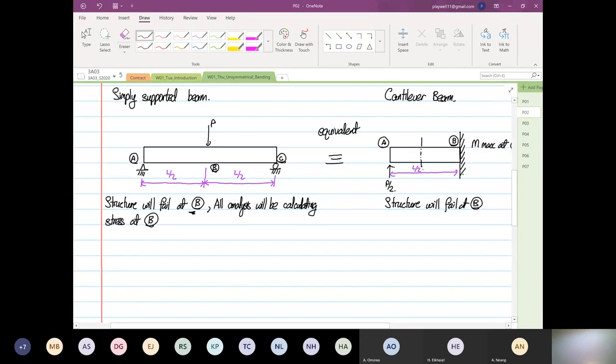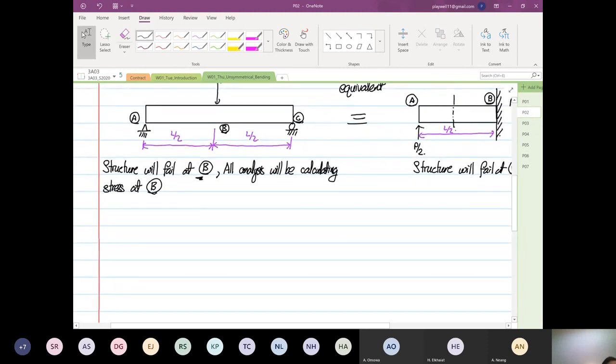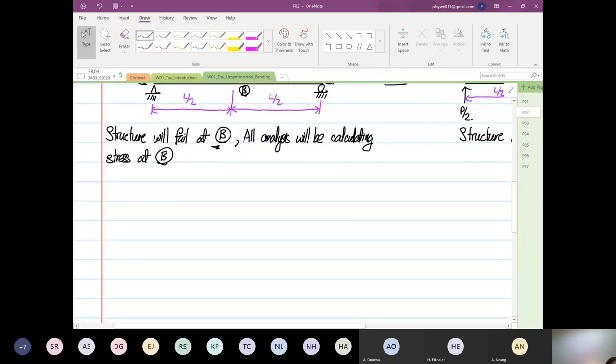Okay, so we are going to look at simply supported first. We are going to do our shear force diagram and bending moment diagram, so we're going to form equations now.